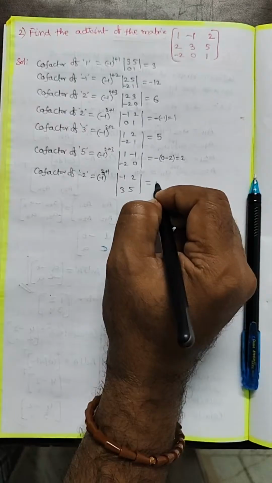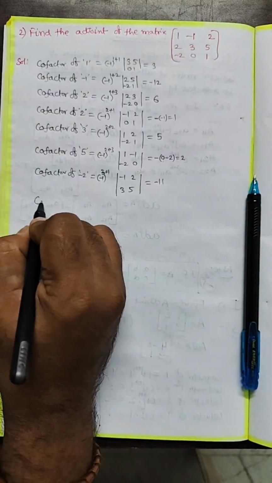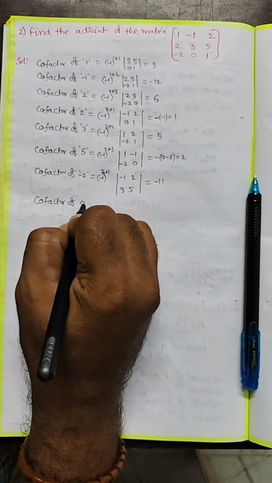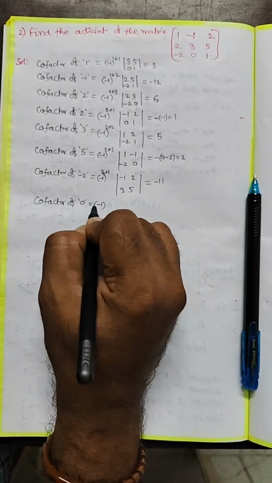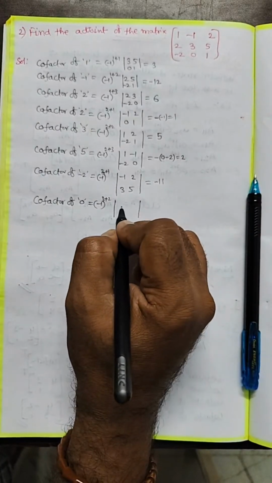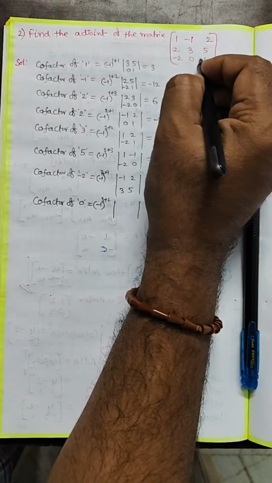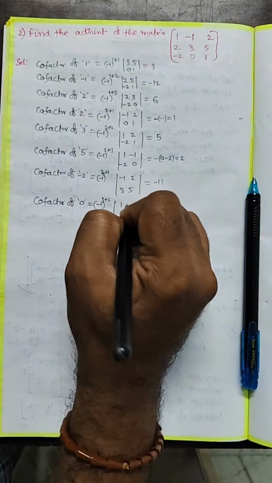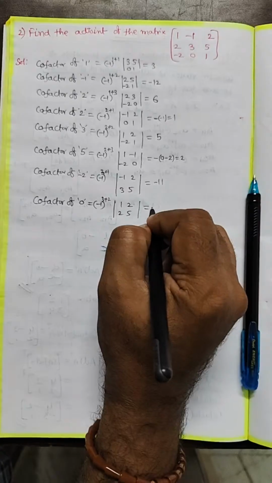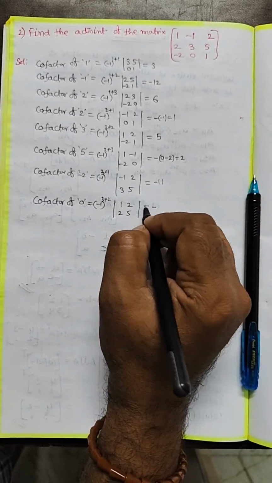Minus 5, minus 6, minus 11. Next, cofactor of 0, minus 1 whole power 3 plus 2, determinant of eliminating this row and this column, 1, 2, 2, 5. So minus 5 minus 4, 1 will come.